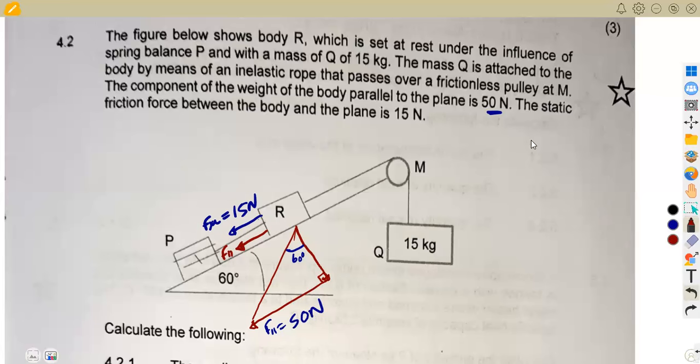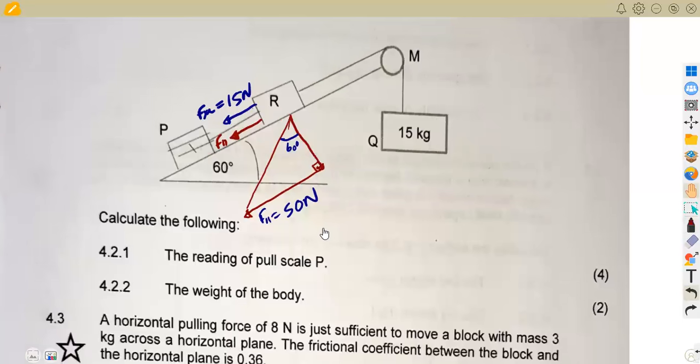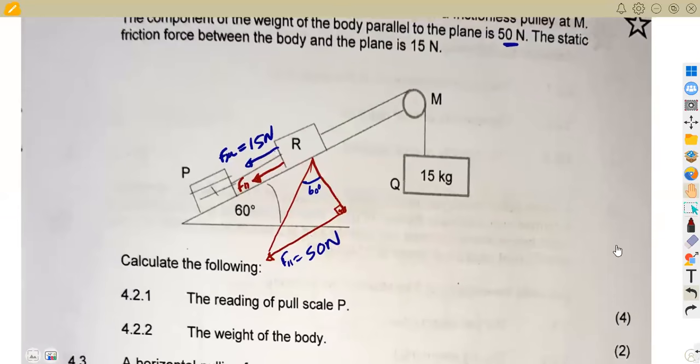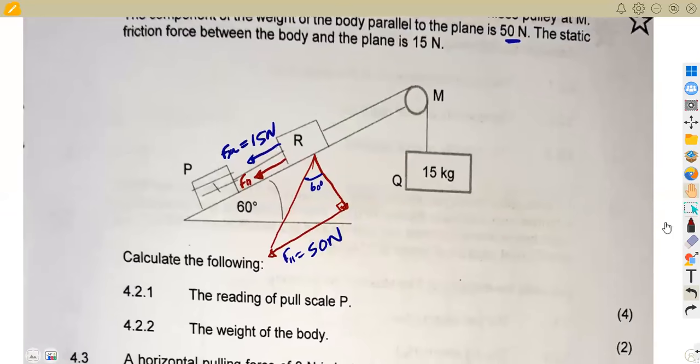So the question is: calculate the reading of the pulley scale P. We need the reading at P. What is going to be the reading in terms of the force? We need the force that is going to be affecting there.